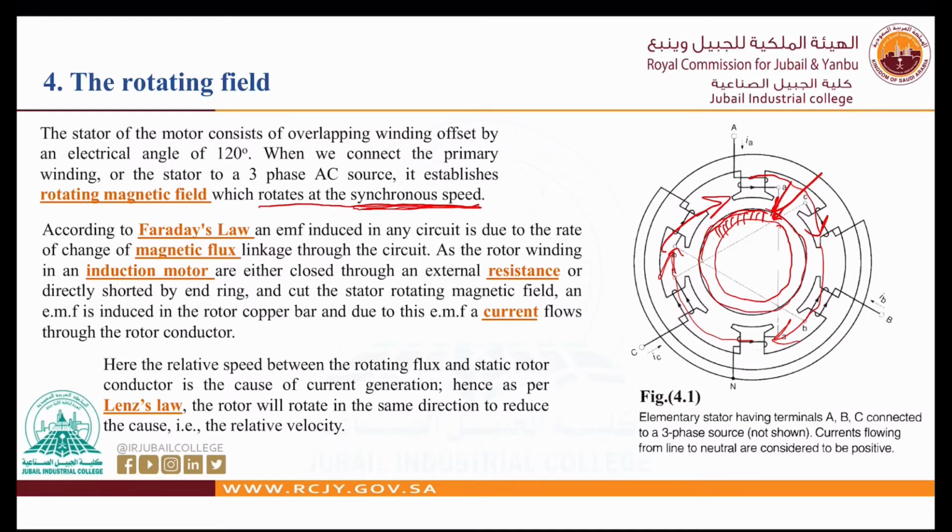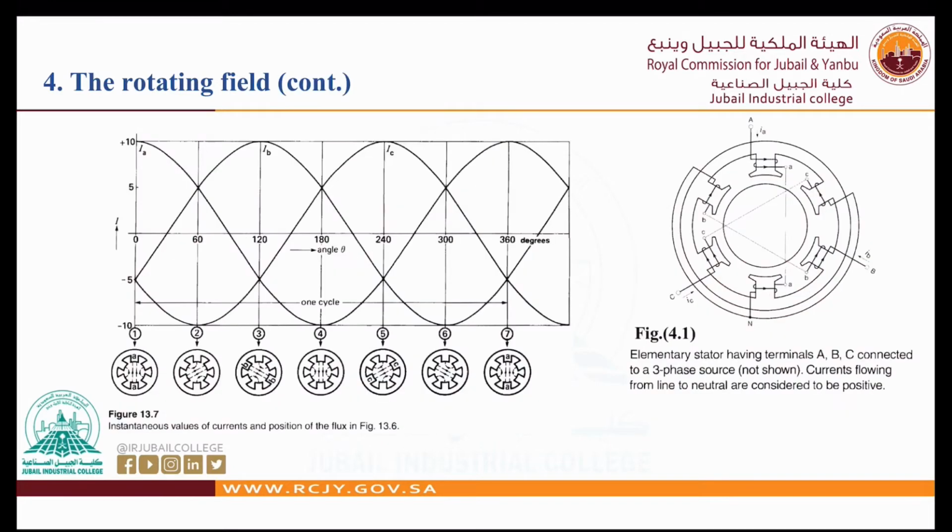Because we have a closed circuit, we will have a current, and this current will produce back EMF. This EMF is going to have a magnetic field, and this magnetic field will interact with the stator winding magnetic field, and then we will have a motion.